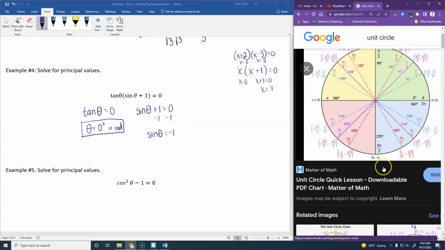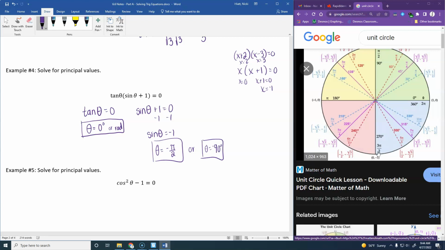Okay, right here at negative pi over 2, it's our y coordinate. 3 pi over 2 is what we see, but we got to give a negative value there, so negative pi over 2, or negative 90 degrees.